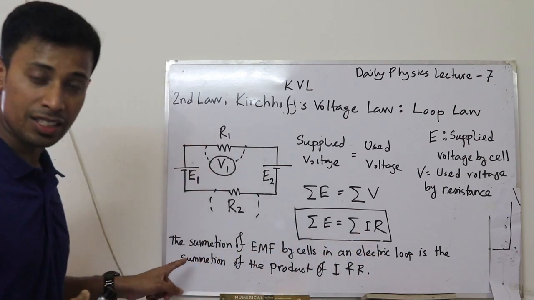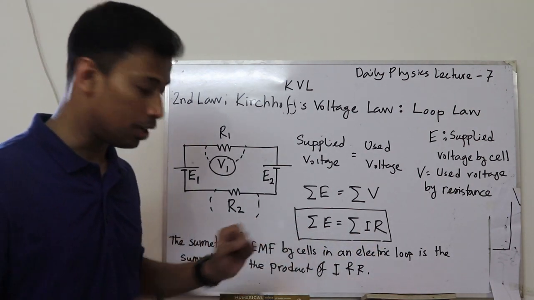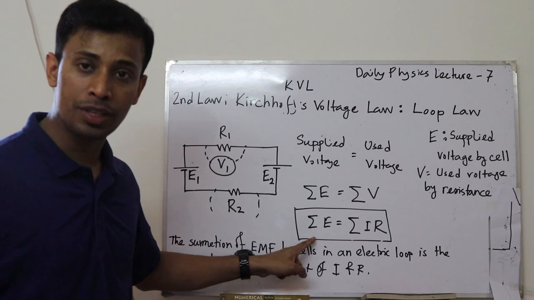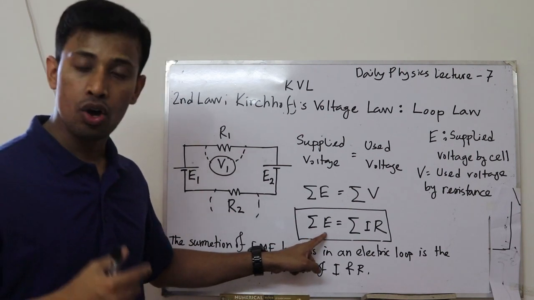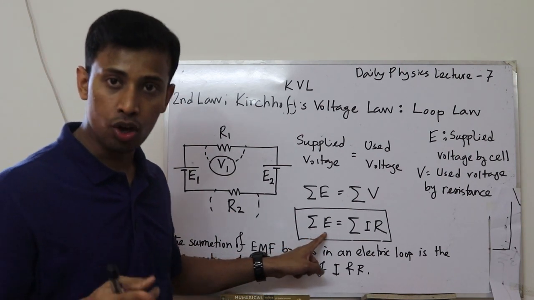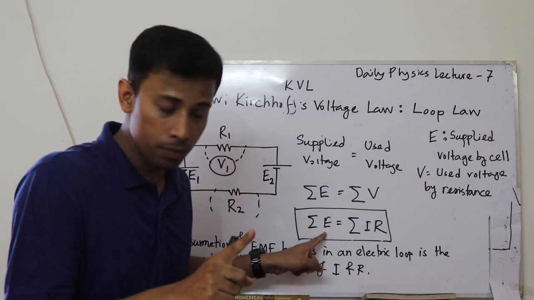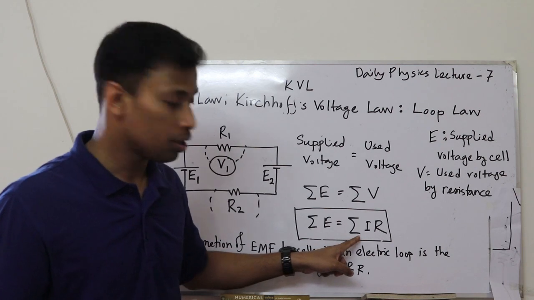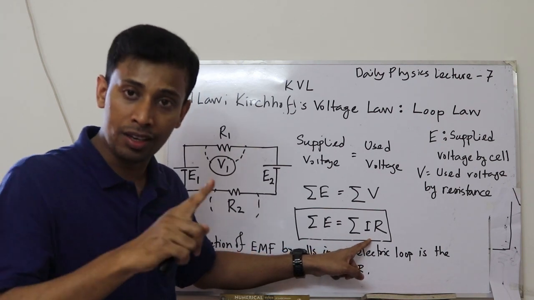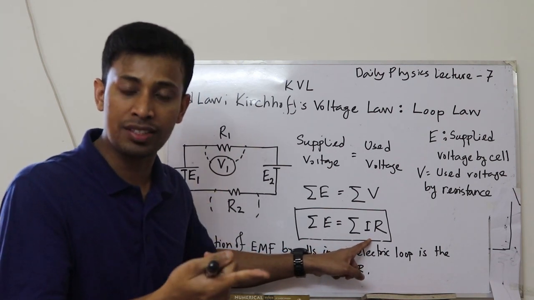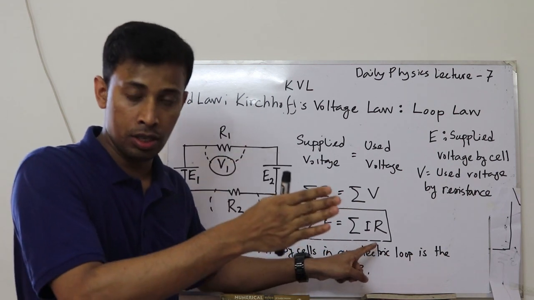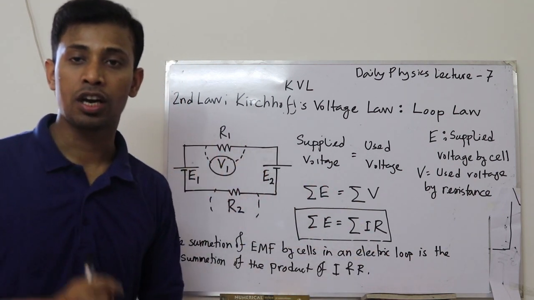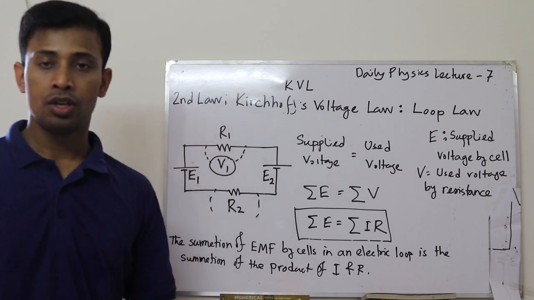Okay, so that's the statement. Let me tell it again. The summation of the EMF of the cells of an electric loop is equal to the summation of the product of current and corresponding resistance of that loop. This is the statement of Kirchhoff's second law.